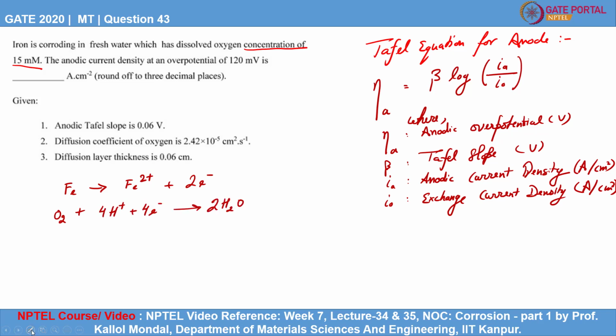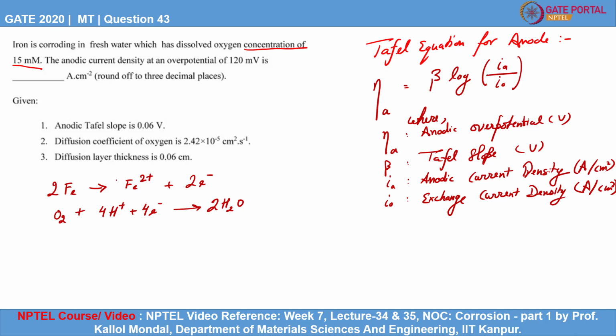Here we have to balance the number of electrons, since in the reduction reaction there are 4 electrons taking part, while in oxidation there are only 2 electrons. So to achieve a balance, we have to multiply the oxidation reaction with 2.